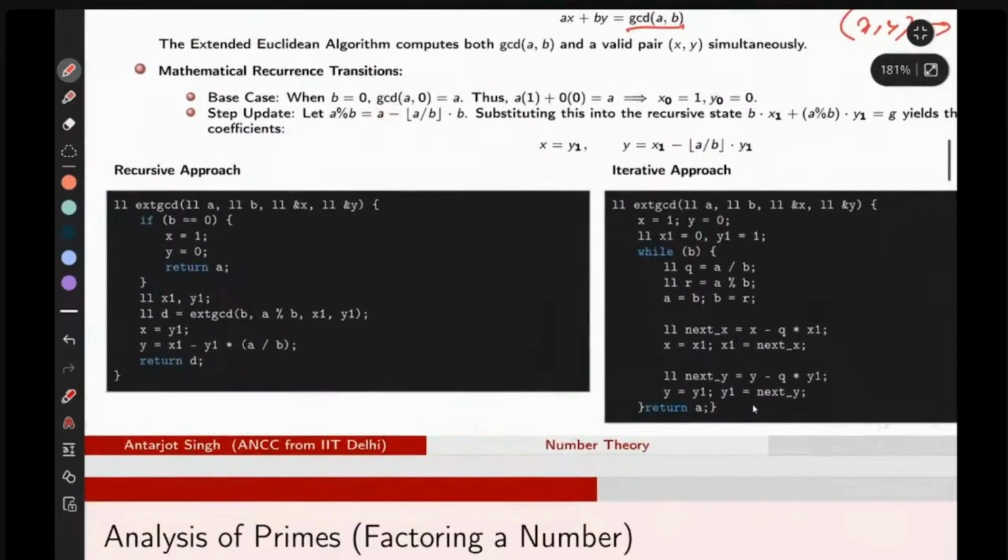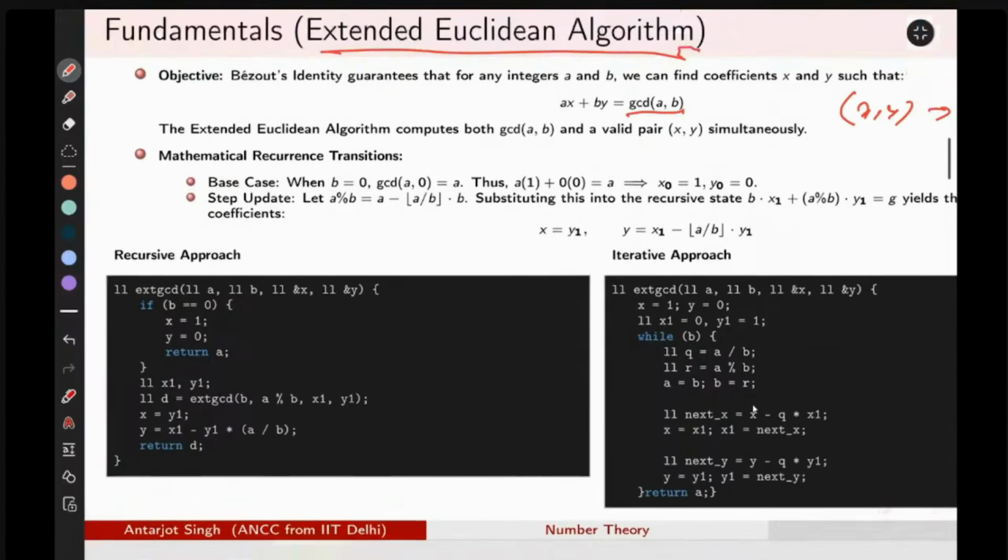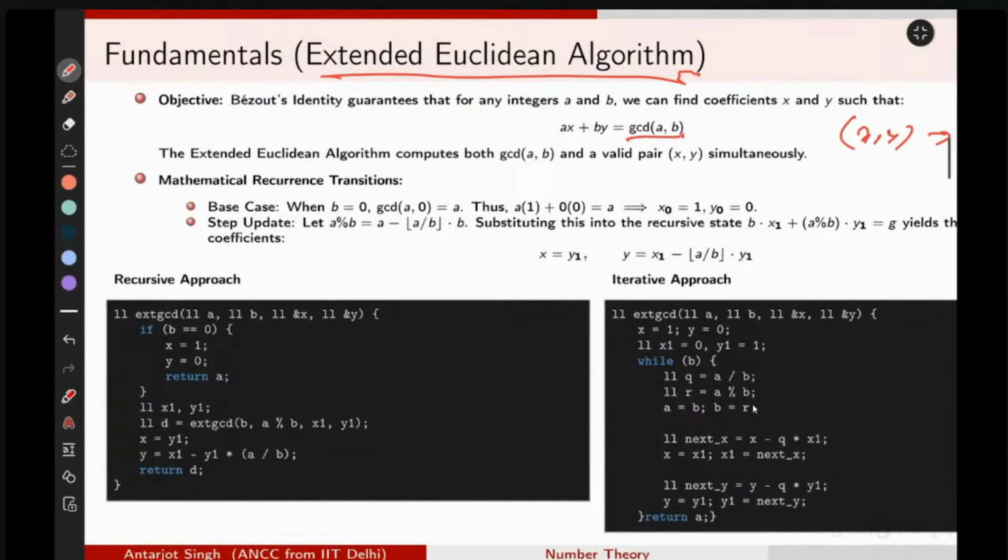So what you have here is you start with the base case b as 0, right? And the GCD of x and 0 is x. So the GCD of a and 0 is a. So we put the values and we get our initial solution, which is x0 and y0.